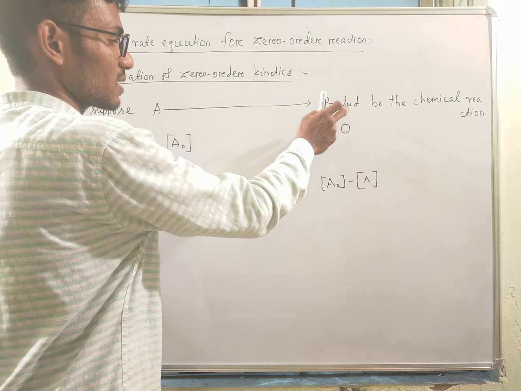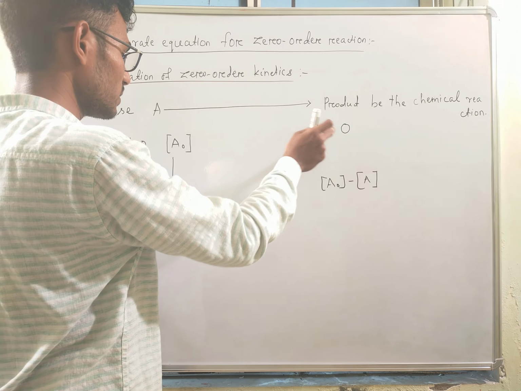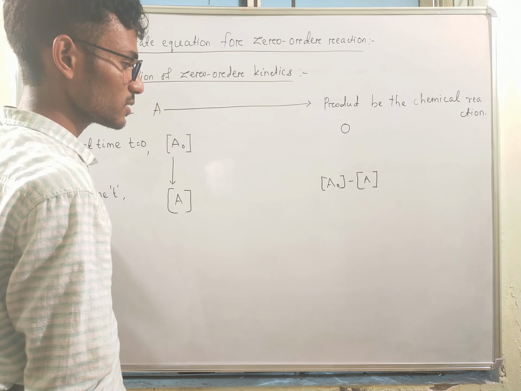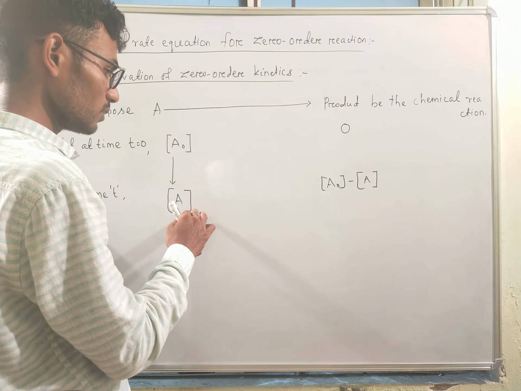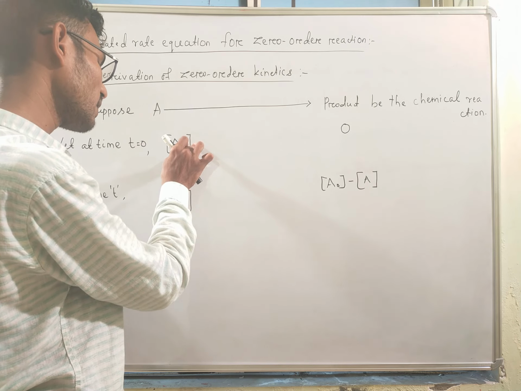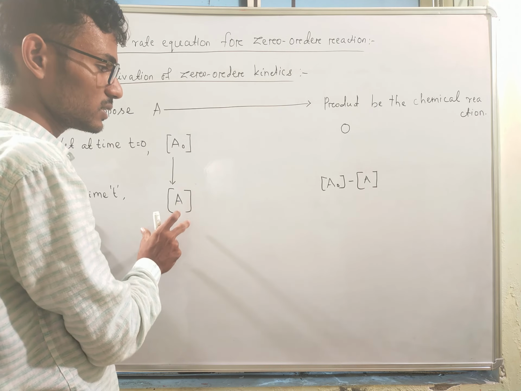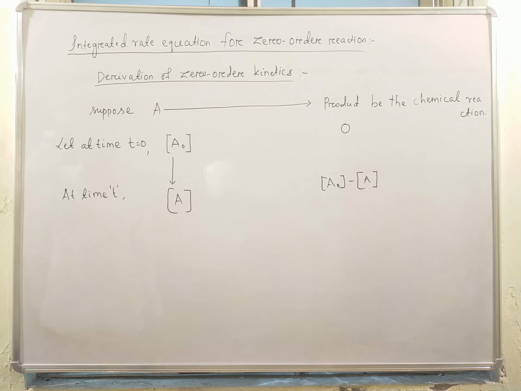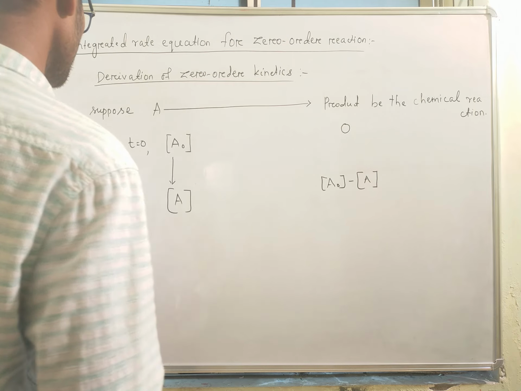Here 0 is the initial concentration of product. Initial concentration means time 0, the reaction has not started, so product concentration is 0. At time t, the concentration of product is A naught minus A. This is the model for zero order reactions. Now we have to derive the equations.